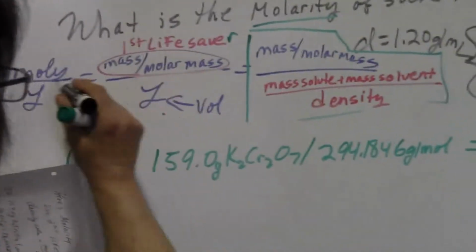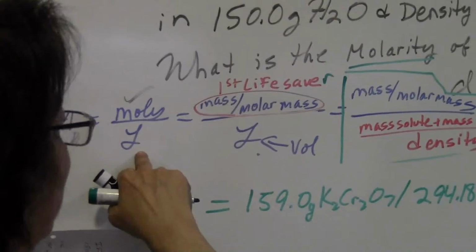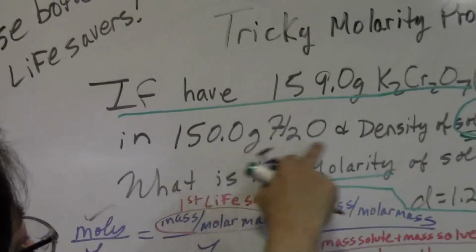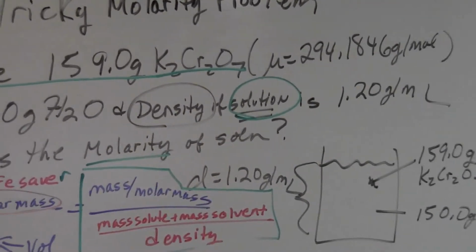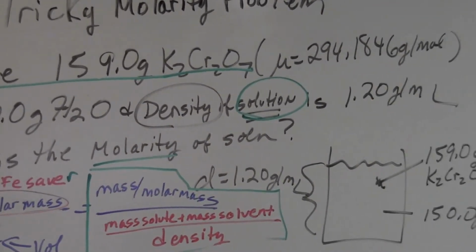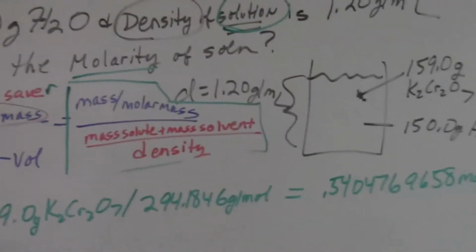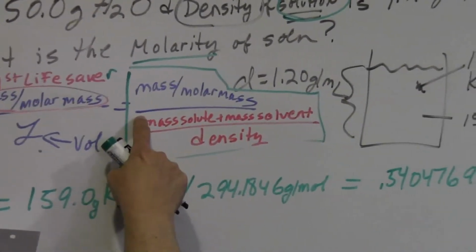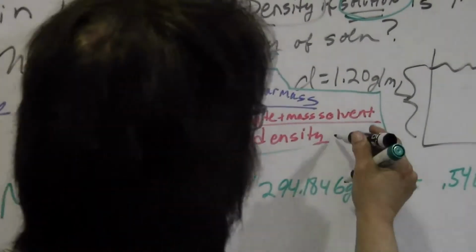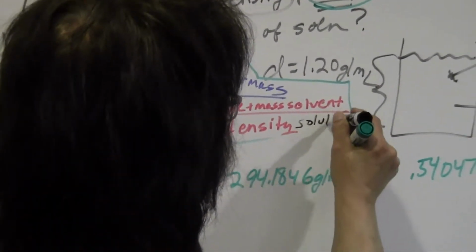Now we have the moles, we need the liters. But when you look at this problem, you see the magic word density. If you see density, you've got to think lifesaver number 2. So what we're going to plug in here is the mass of the solution over the density of the solution. Make sure you do the whole solution.